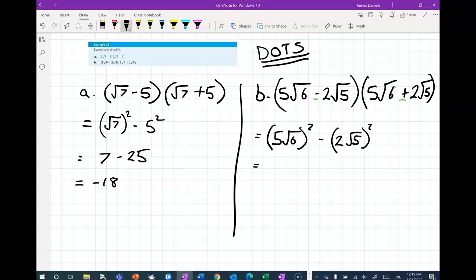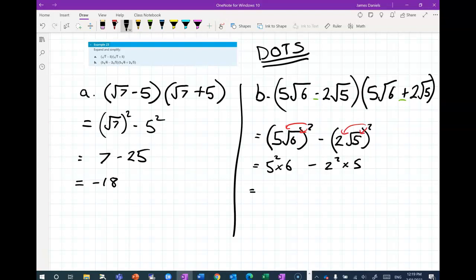So I'm going to write it out as 5 squared times 6, the inverse cancel each other, minus 2 squared times 5. Remembering that the 2 is acting on here, and here, and here. And we can start to simplify.